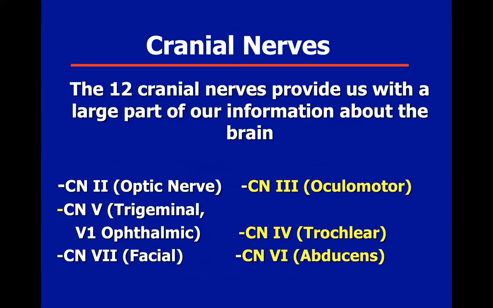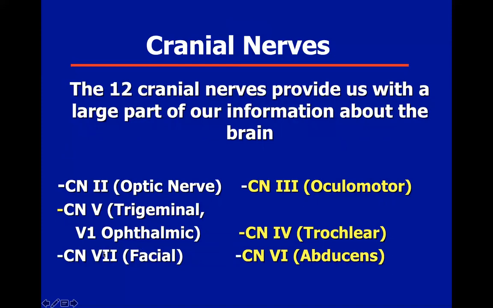As you know, we have 12 cranial nerves that provide a large part of our information about the brain. What I'd like you to concentrate on is 6 nerves. Cranial nerve 2, which is the optic nerve. Cranial nerve 5, the trigeminal; I'd like you to study the different branches of it.